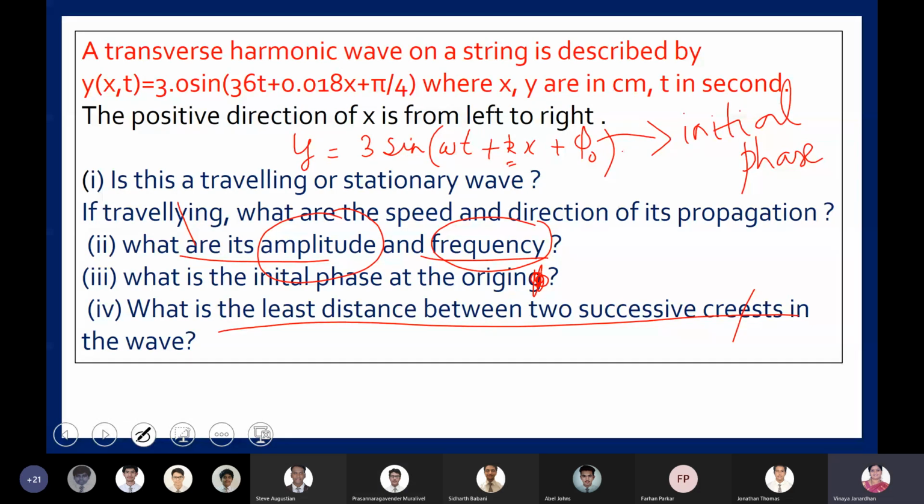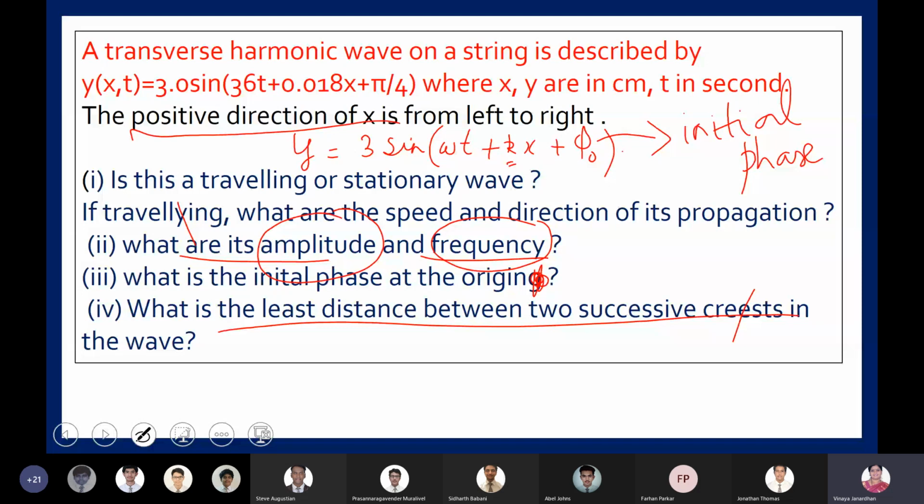Ma'am, over here the positive direction of the x-axis is positive, right? But then positive kx is the direction. No, they are telling you the positive direction of x is from left to right. So in which direction is this wave going to travel? Positive kx means it's going to travel in the opposite direction of the positive direction of x, which means this wave will travel from right to left.